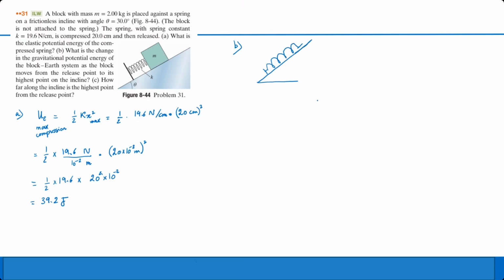I placed a mass and compressed the spring. I compressed it by 20 centimeters. So basically, this is 20. Then I released it.